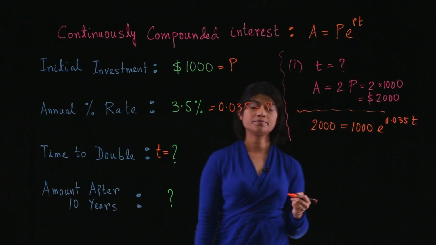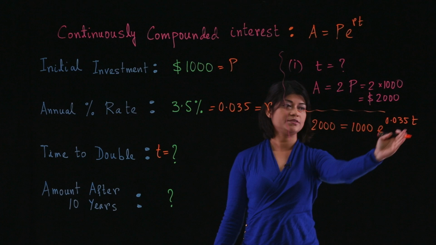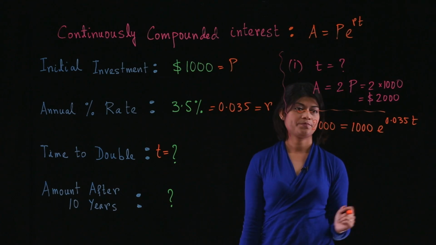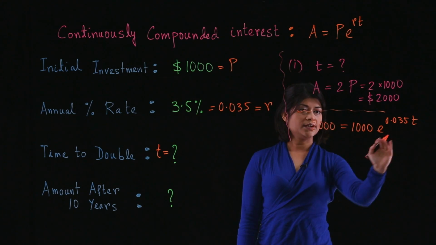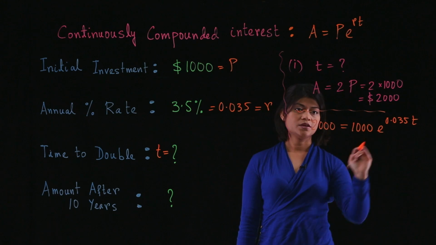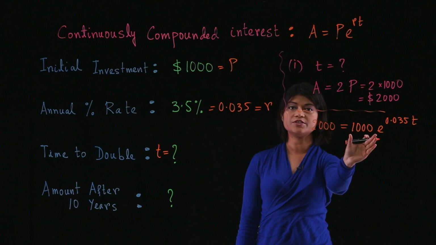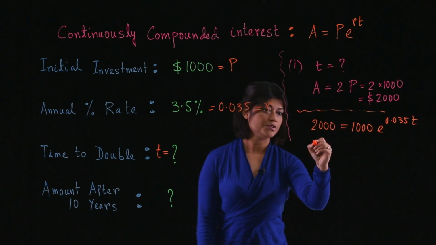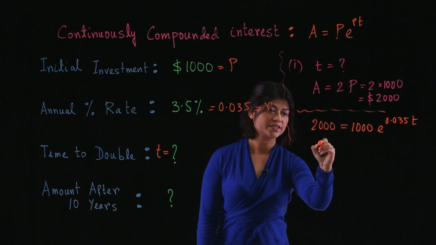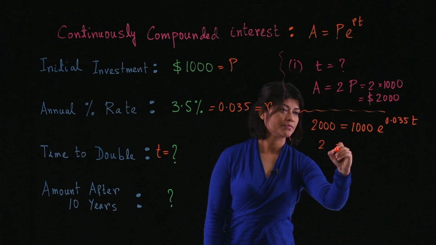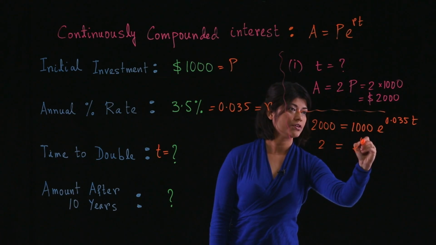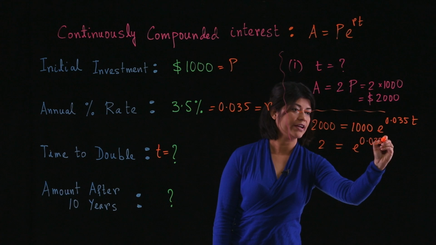That's what we are figuring out. T is the variable, solve for T. This is an equation with an exponential function, so let's first divide both sides by 1,000 to get rid of this constant. When you divide by 1,000, you just get 2 on the left hand side. The right hand side is e to the power 0.035t.